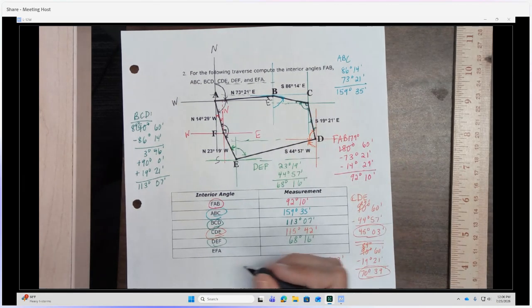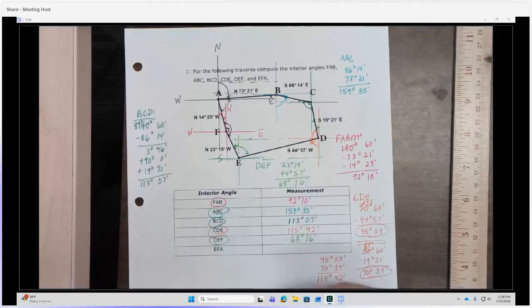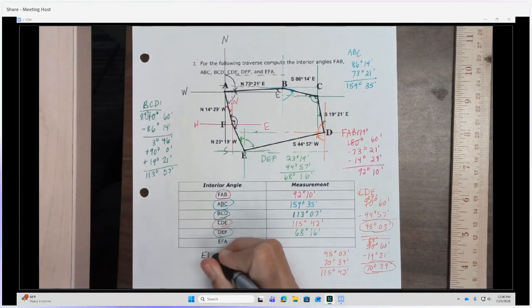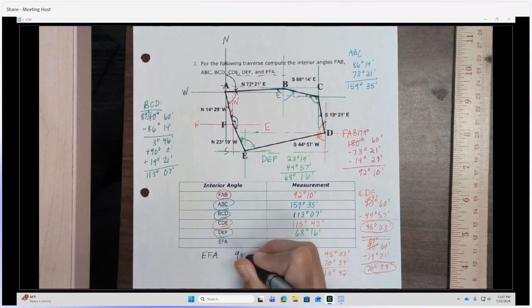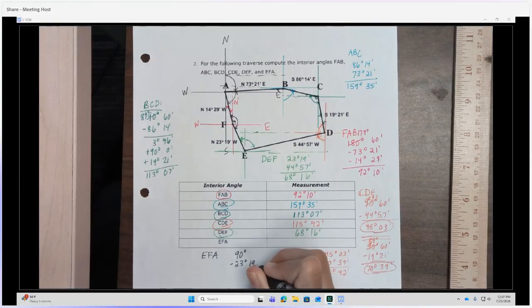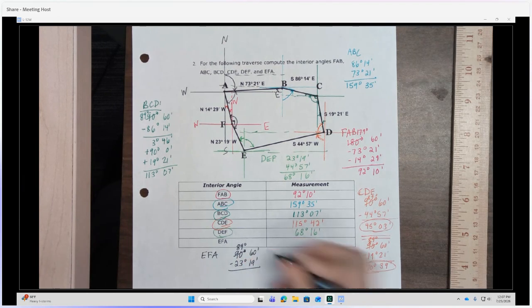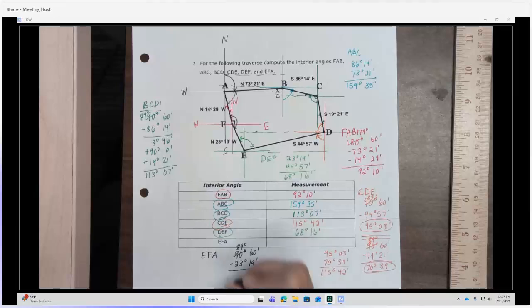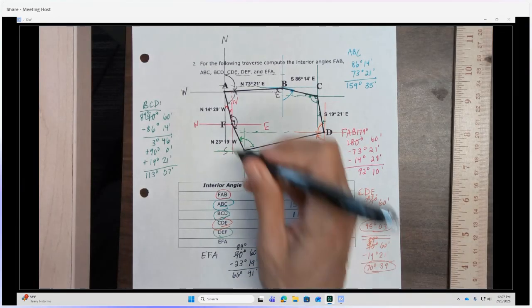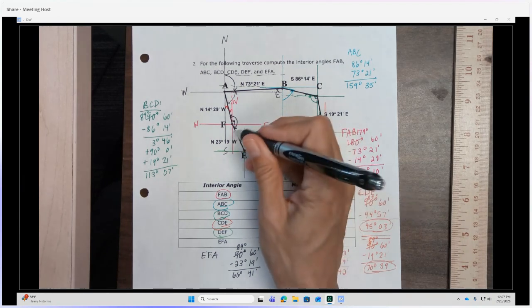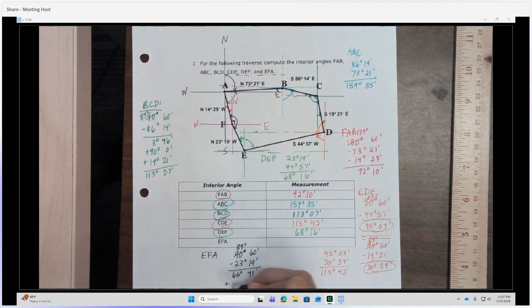So let's do that first for EFA. I'll put that at the bottom here. I'm going to start off by figuring that piece of an angle by taking 90 degrees and subtracting 23 degrees, 19 minutes. 89 and 60. And so that becomes 41 minutes, 66 degrees. And then I'll add that to the 90 that's in the middle there.